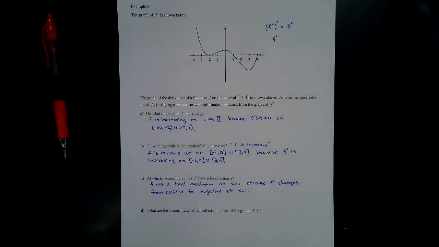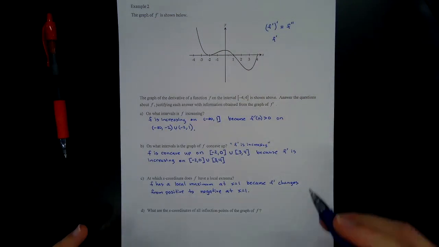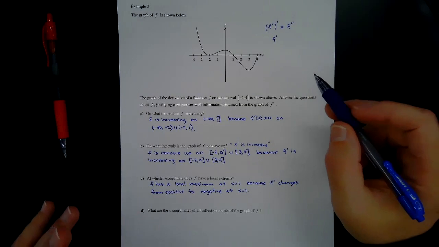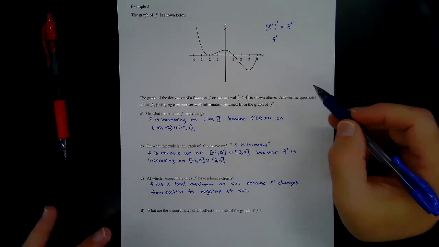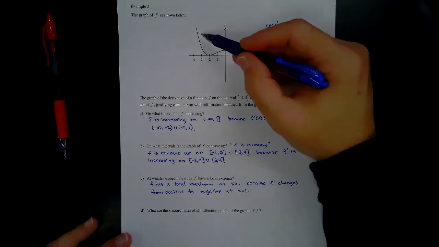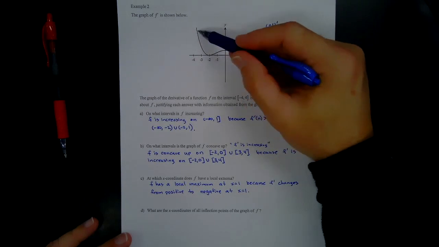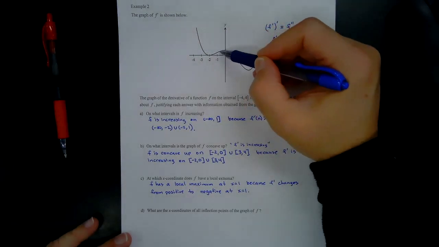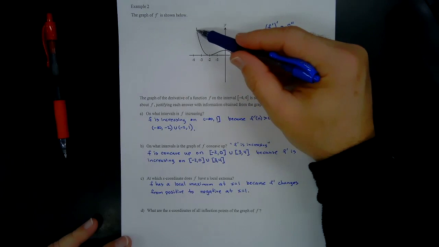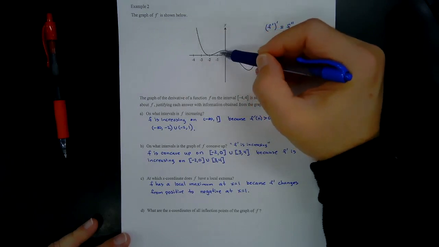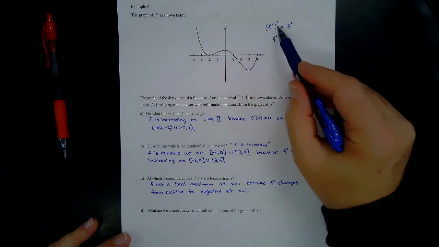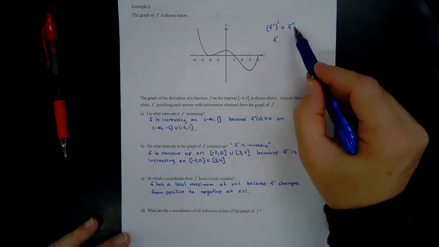All right. So we're looking for where it's changing from either increasing to decreasing or decreasing to increasing. So here we're decreasing and then we're increasing. So that means the derivative of this would be negative and then positive. But the derivative of this, since this is f prime, is the second derivative.